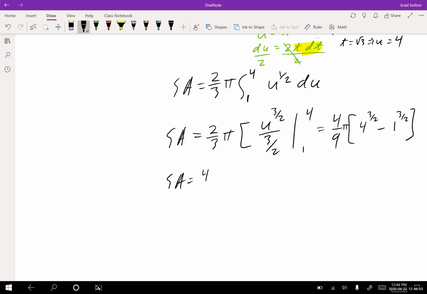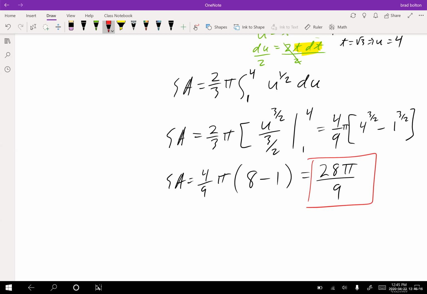So this is 4/9 pi times, this would be what? 4 to the 1/2 is 2, 2 cubed is 8, minus 1, which is 7. So this is going to become 28 pi over 9. Hopefully I didn't make any mistakes in it, but that should be our surface area. So it's 28 pi over 9, and so that is the correct answer.